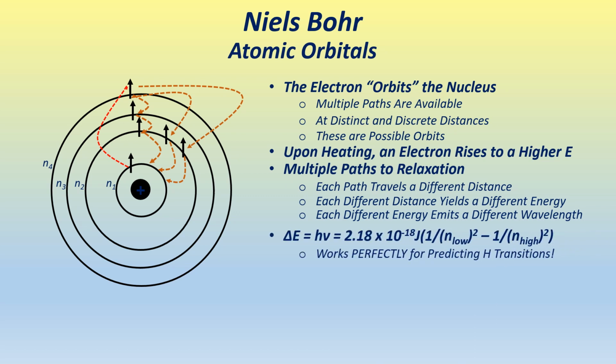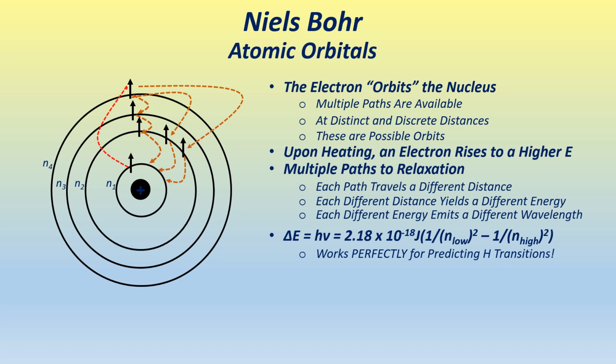Bohr quantified this, where the energy he observed, equal to the light that he observed, was equal to a constant, 2.18 times 10 to the minus 18th joules, very simply related by the difference in height that the electron had traveled: 1 over n low squared, the number of the orbit that it landed in, minus 1 over n high squared, the number of the orbit that it started at.